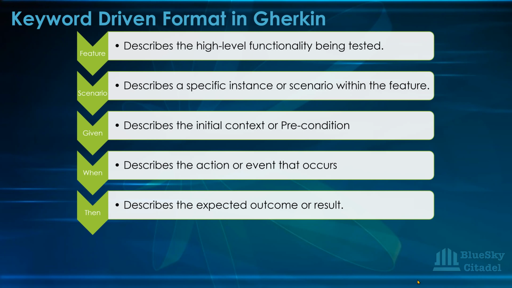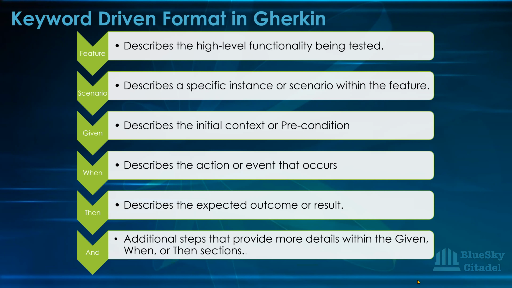Also, there's another one which is and. And is an additional step that provides more detail within the given, when, or then section. Further on in this presentation, we'll go through a live example of the Gherkin syntax and how it is being used, and we'll be able to see each of these keywords being used and how it works in real life.